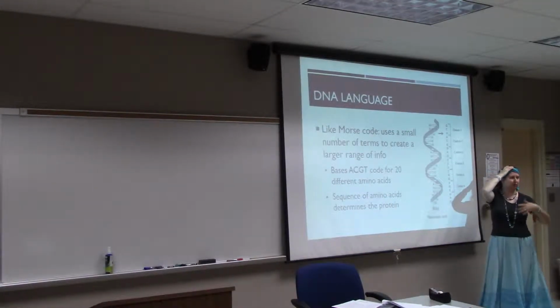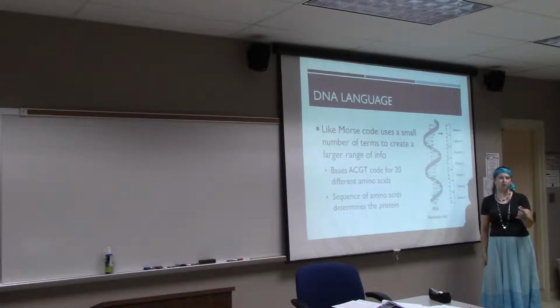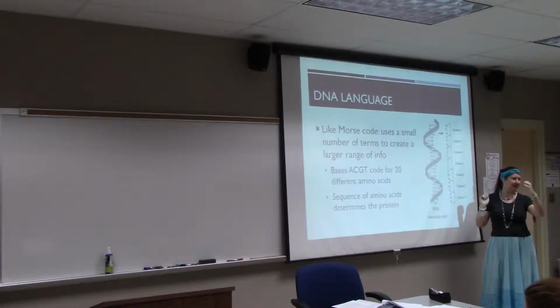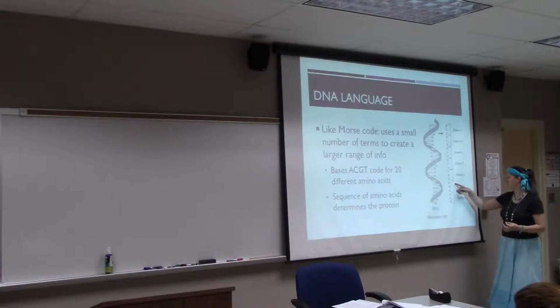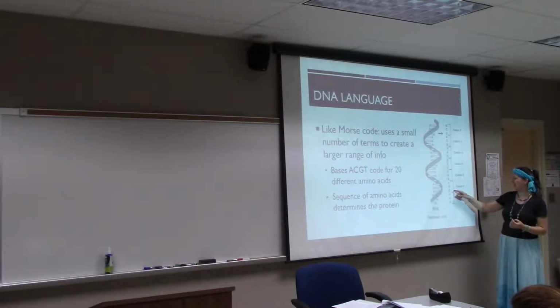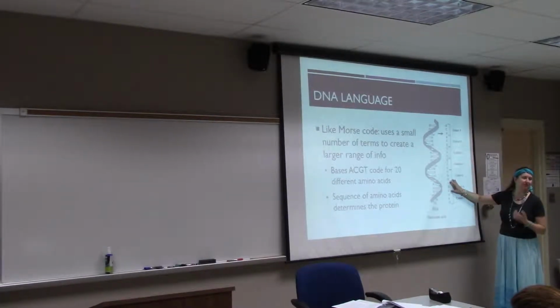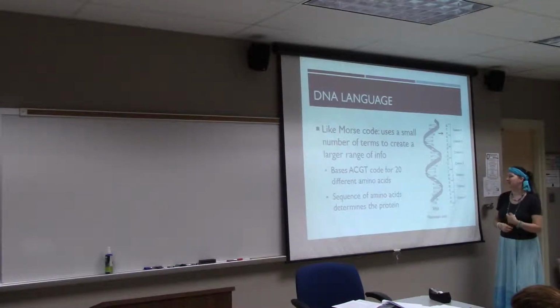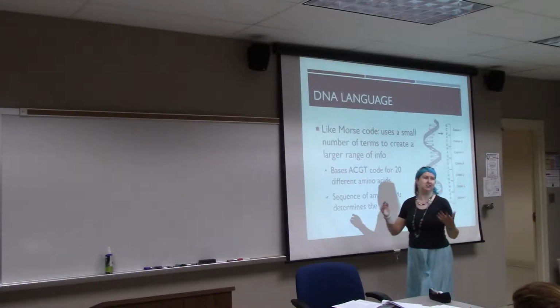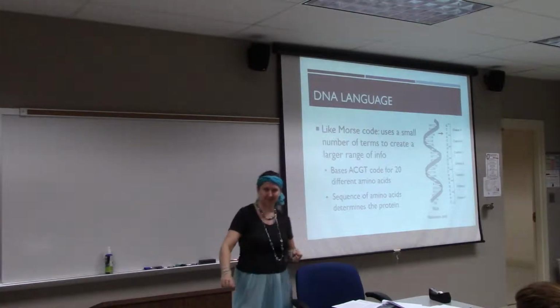Unlike Morse code, where it can be any length because you have a pause to designate the end of one letter, the genetic code is always 3 bases for one amino acid. And then the sequence of amino acids determines what protein you get.